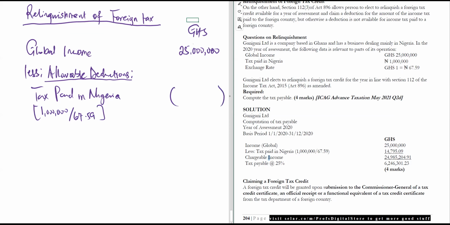How much will we get? You end up with 14,795.09, right?